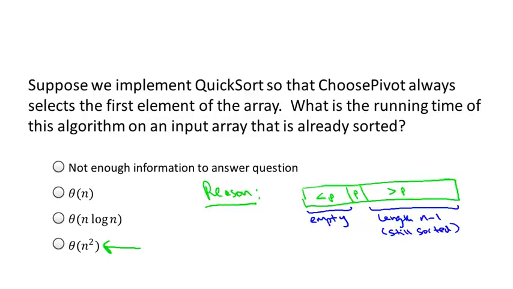So once partition completes, we go back to the outer call of quicksort, which then calls itself recursively twice. Now, in this case, one of the recursive calls is just vacuous. There's just an empty array. There's nothing to do. So really, there's only one recursive call, and that happens on a problem of size only 1 less. So this is about the most unbalanced split we could possibly see, right? Where one side has 0 elements, one side has n minus 1. Splits don't really get any worse than that.